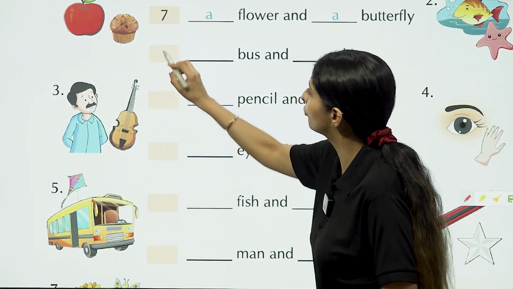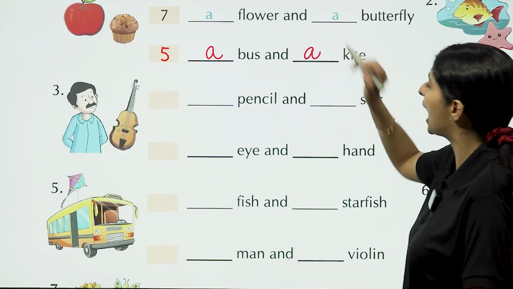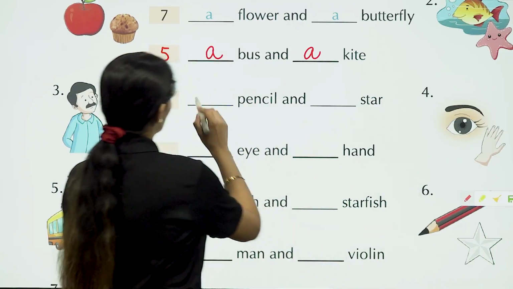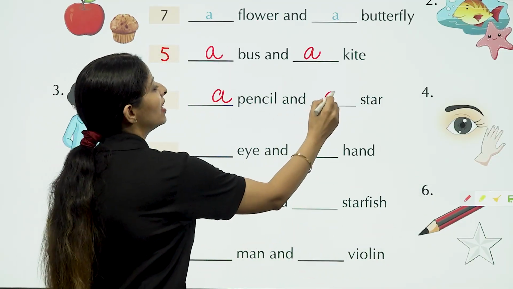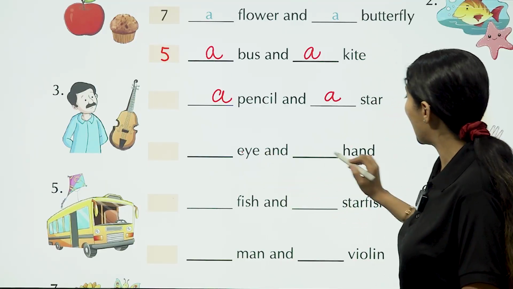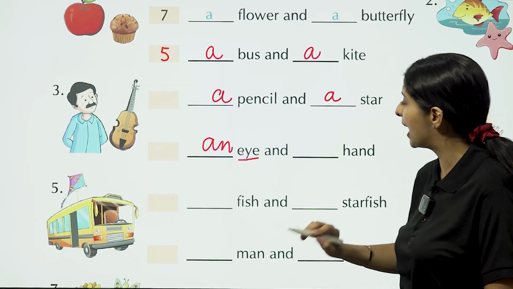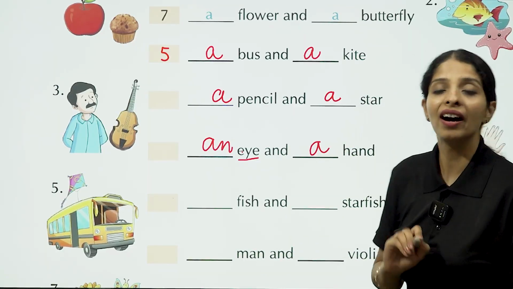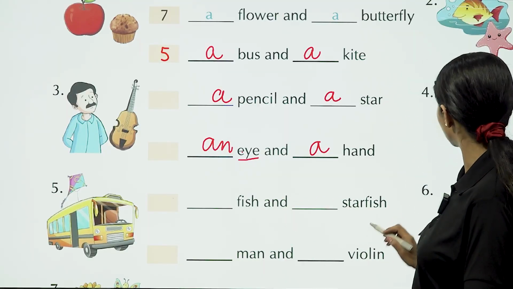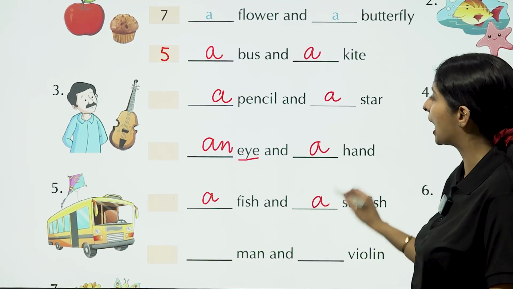This is the 5th picture, you will write 5 here, a bus and a kite. Now pencil and star. So a pencil and a star. Here eye and hand. So vowel sound. An eye and a hand. Dash fish and dash starfish. Here a fish and a starfish.